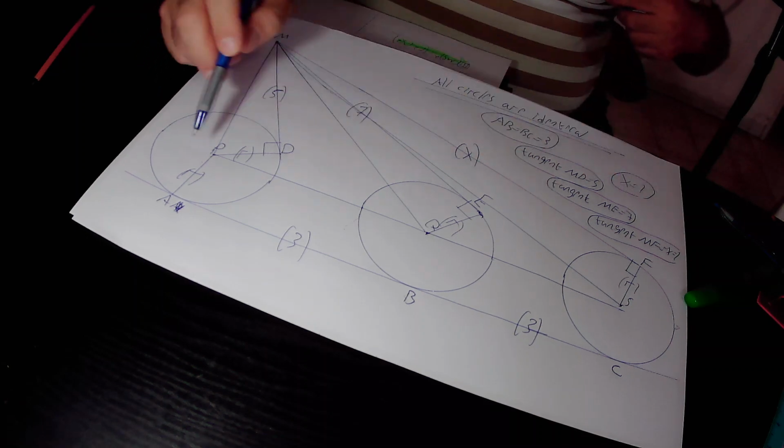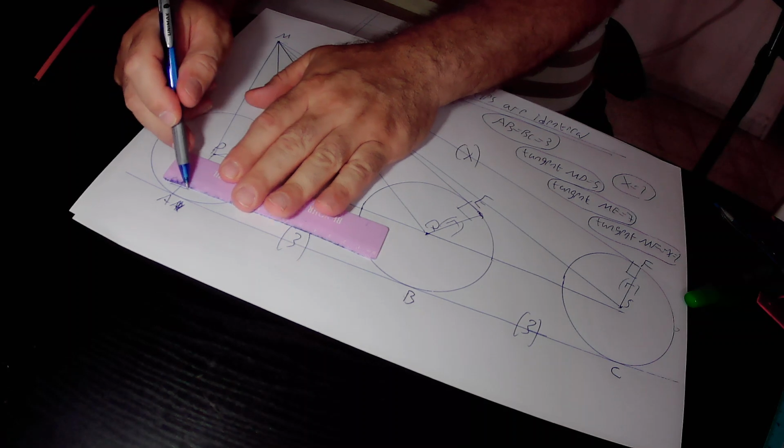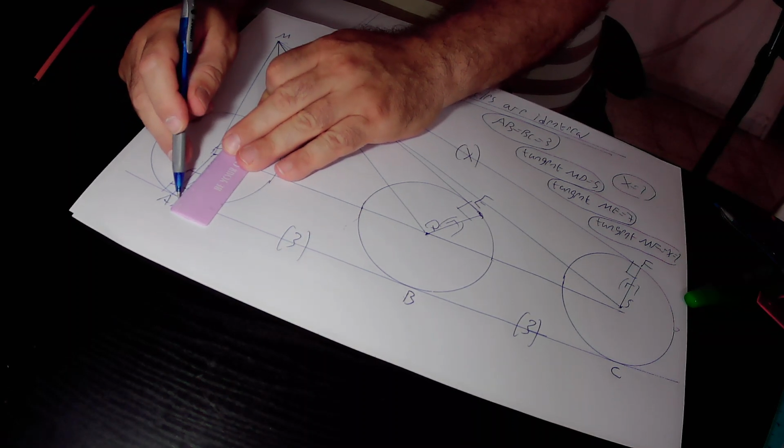If ABC is perpendicular to AP, it means that this angle equals 90 degrees, and this angle also equals 90 degrees according to rule 1.